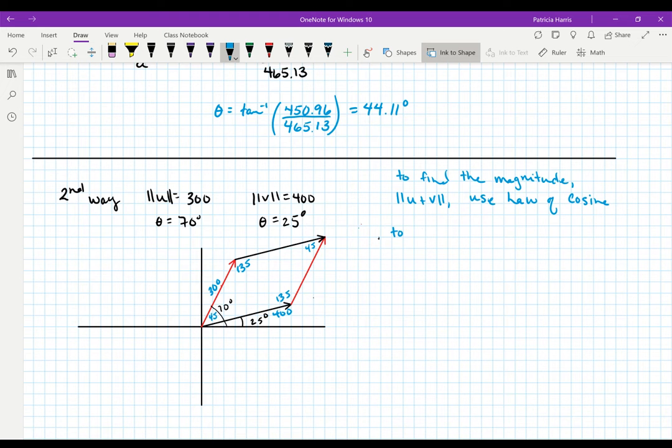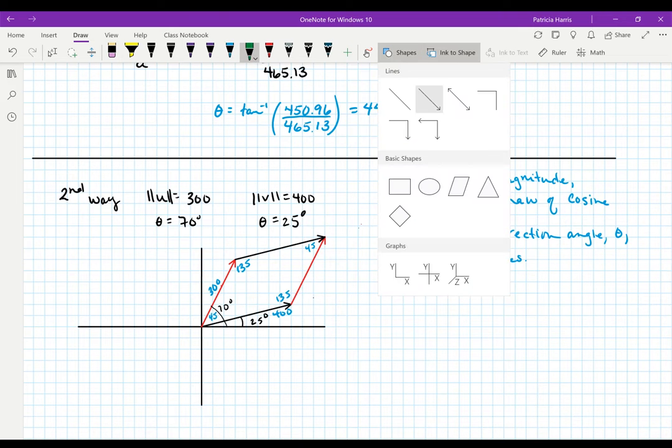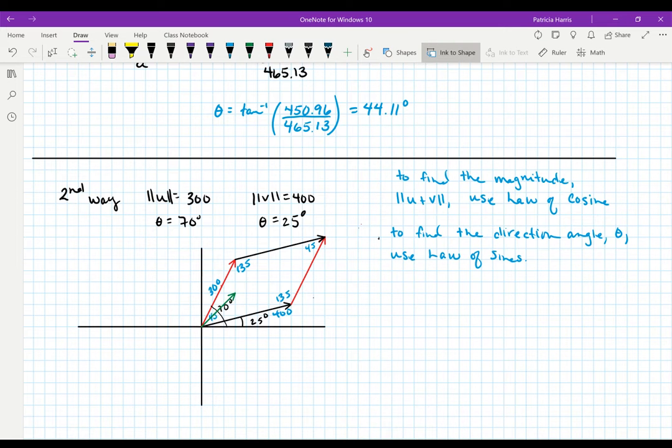And then to find the direction angle, we are going to use law of sines. Okay, so we want to find another color. Right. Okay, so that is U plus V.